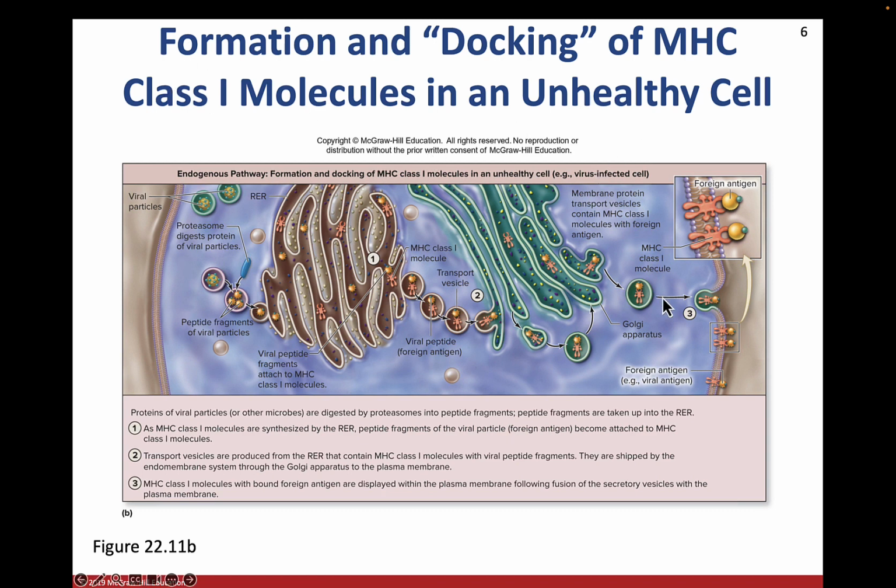Once leaving the Golgi apparatus, we see that they are in a secretory vesicle, and once again, that is capable of inserting the MHC class I molecule along with the foreign antigen into the cell membrane. So now, once again, the foreign antigen is on the outside of the cell and can actually be presented to a T cell.